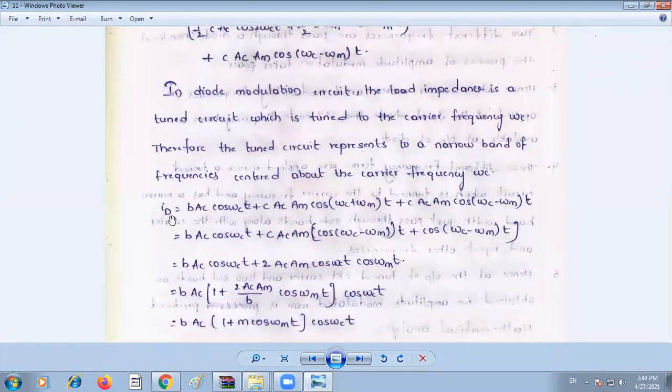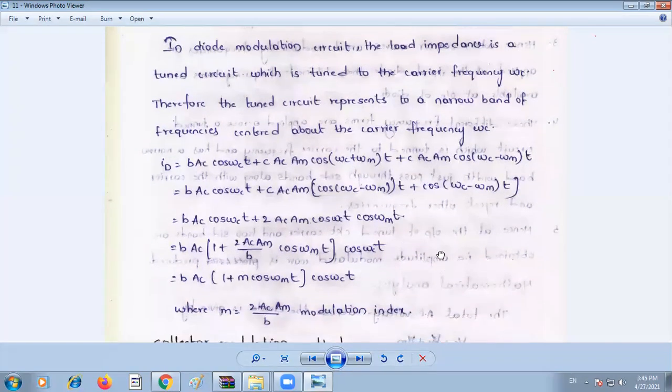Now the diode current i(t) is B into Ac cos omega c t plus C into Ac Am cos (omega c plus omega m) t plus C into Ac Am cos (omega c minus omega m) t.